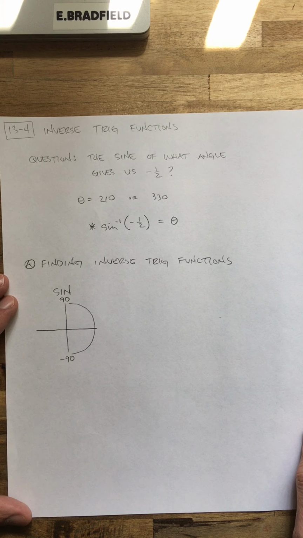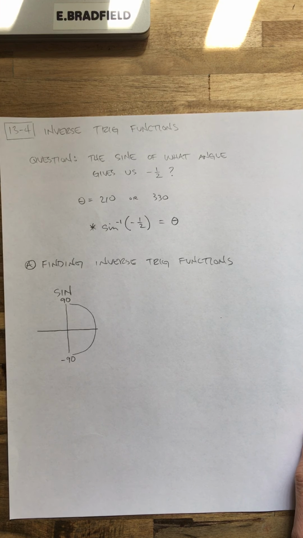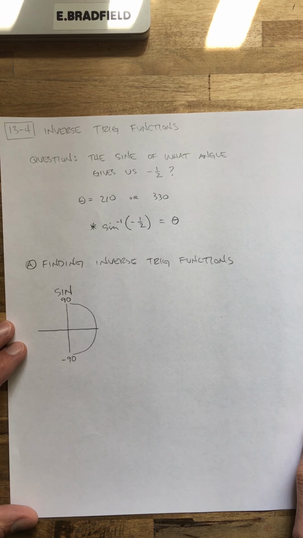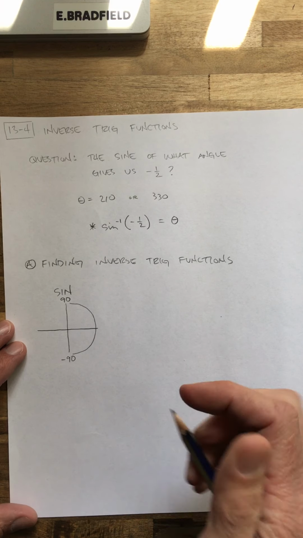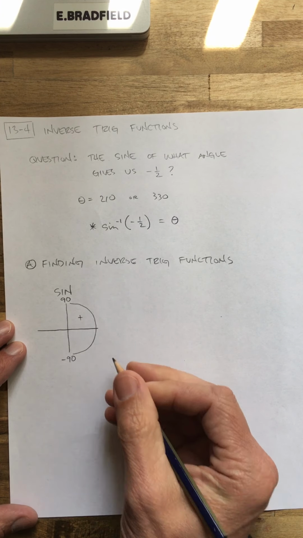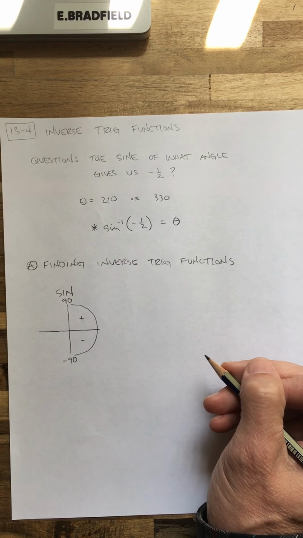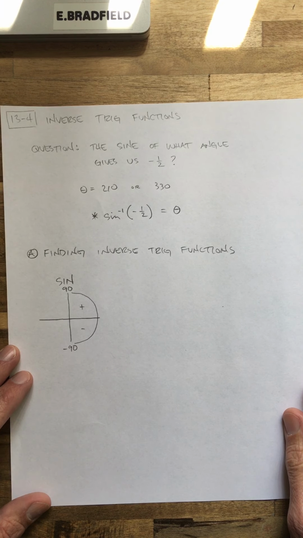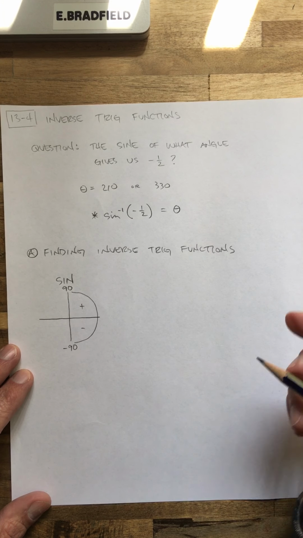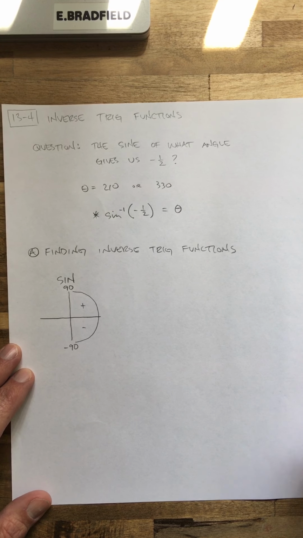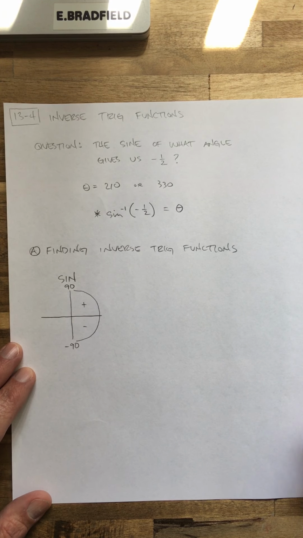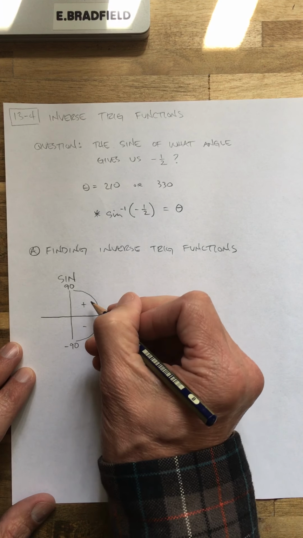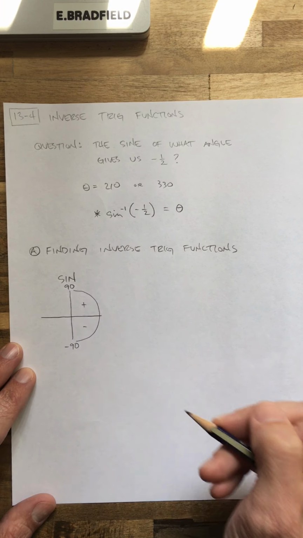Here's how we do it. I'm going to put a plus here, and I'm going to put a minus here. If our ratio is positive, then our angle is going to be in this quadrant.